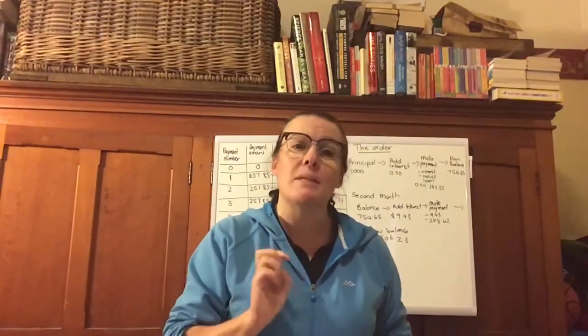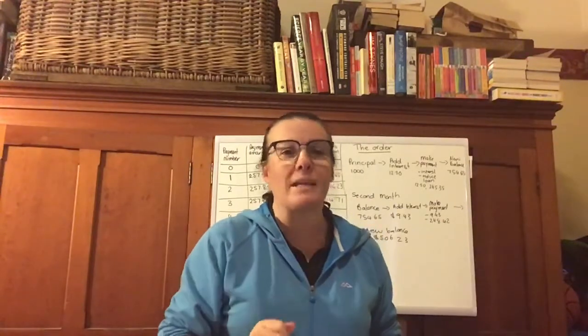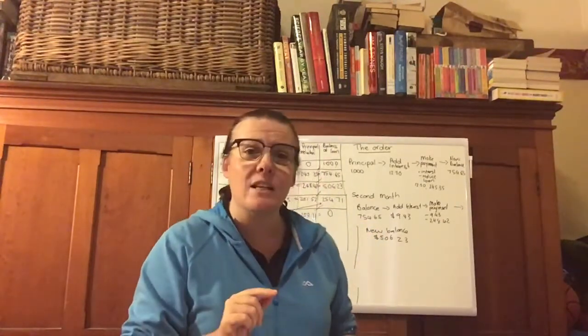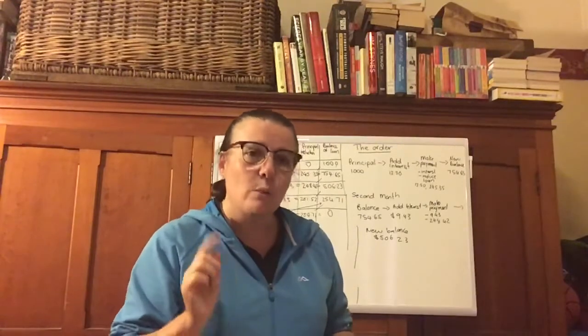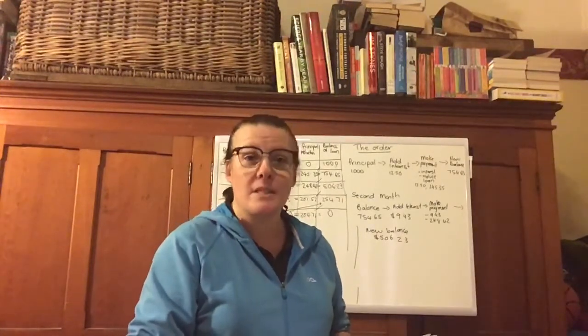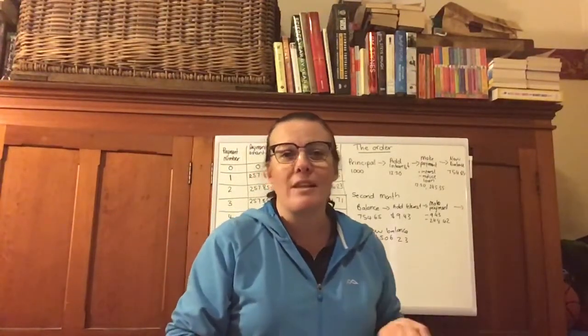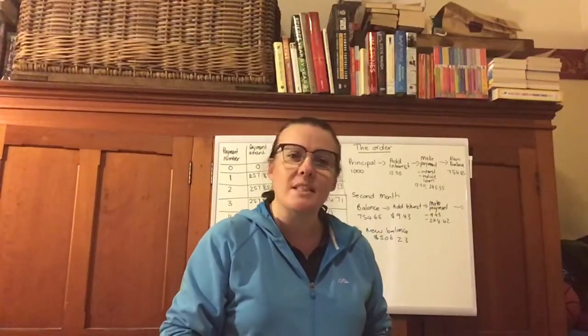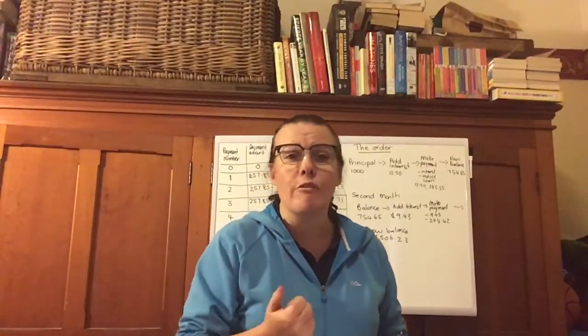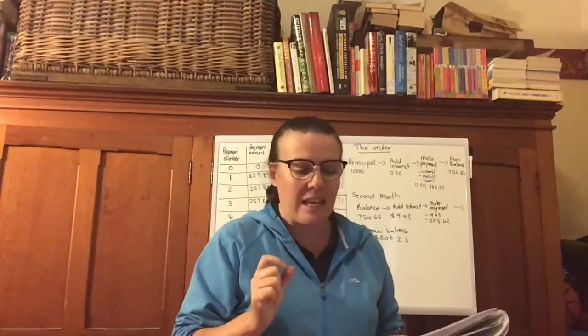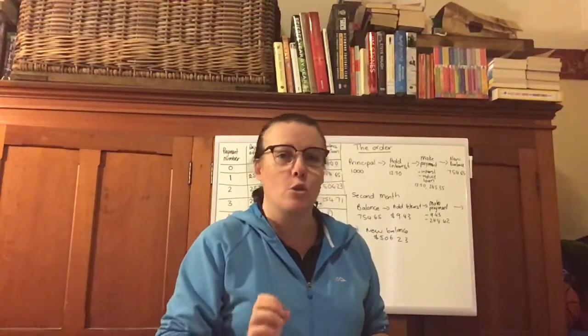Now, it's 15% for the year, but it's compounding monthly. So we have to do 15 divided by 12, which gives us 1.25%. Remember, we don't want the number as a percentage, we want it as a decimal, so we divide that by 100 to get 0.0125.